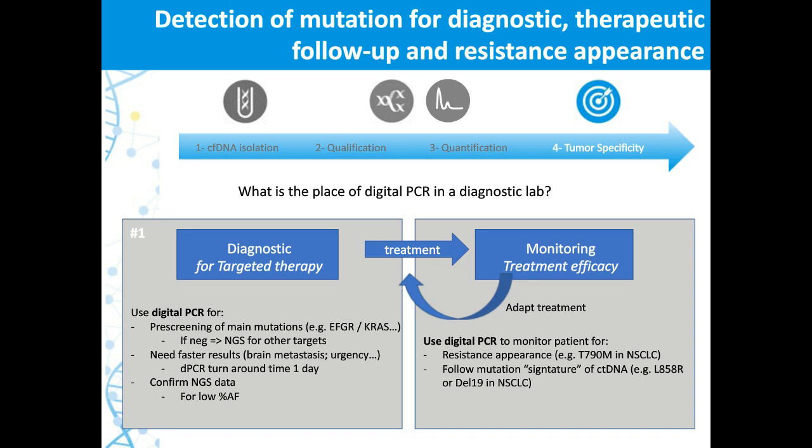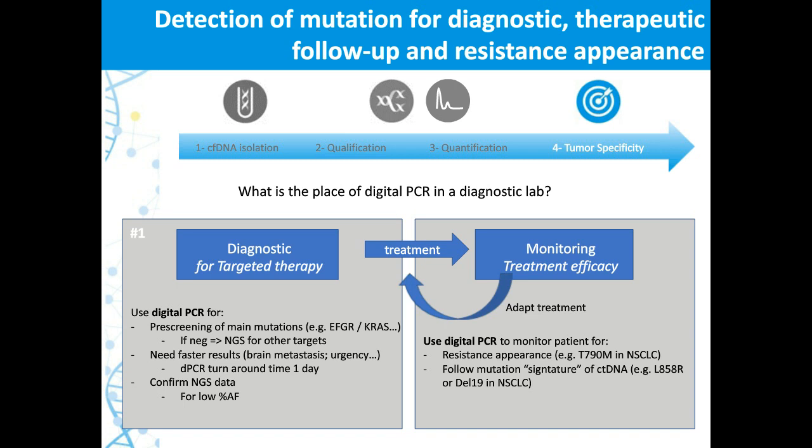If it's negative, you can use NGS to look at other targets. But as the main mutation is the EGFR mutation, you will save time and money. If you need faster results, like if you have brain metastasis or any urgency, the digital PCR turnaround time is less than 1 day, so you can end up with fast results.